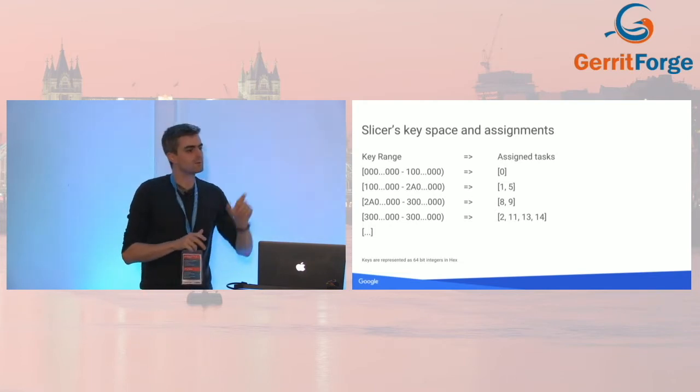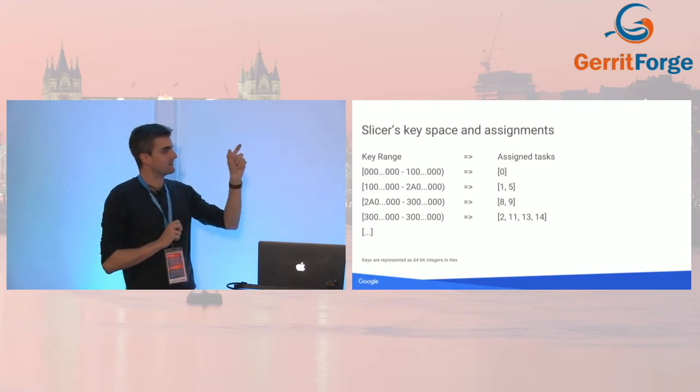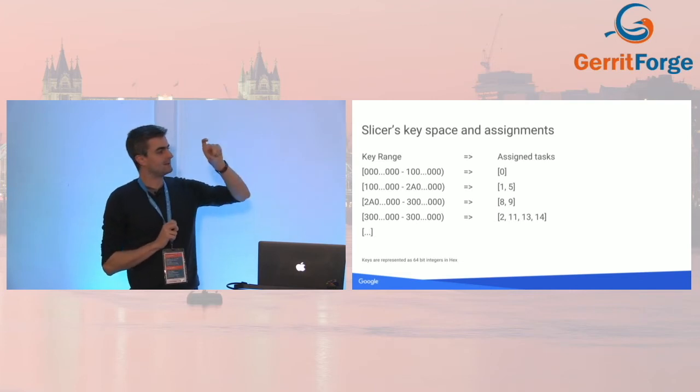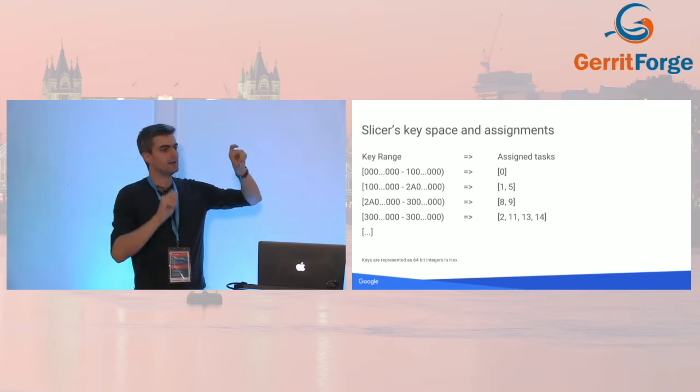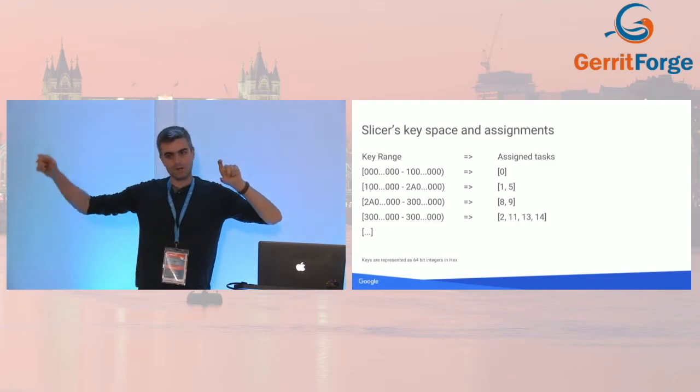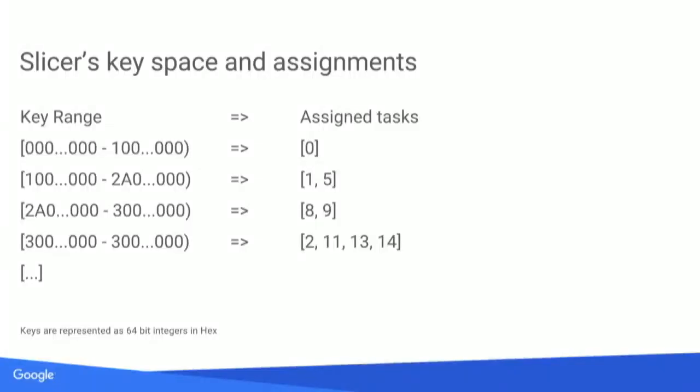And what that gives you is 400 ranges where the key can be, and you can take any of those ranges and assign it to one or more tasks to serve them. And so you say, the host name is my key, for instance, right? Gerrit.review.googlesearch.com, and you just hash it so that it lies in these bounds, and then maybe it's in the first range, and so it is assigned to a single task with an index 0.